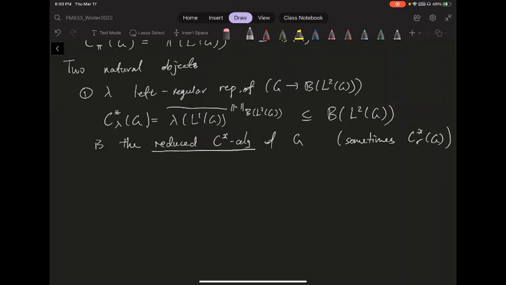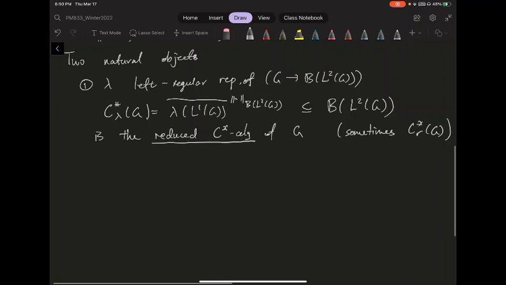You have L2 of G, you know where the space is. The second one is the universal object. The left regular representation is just one particular representation, probably the easiest one. The other one is more like the universal one.